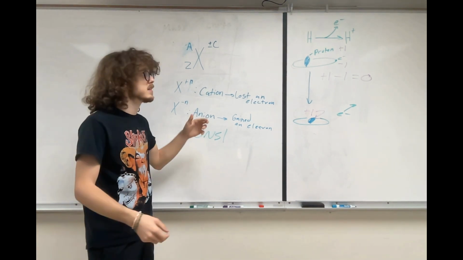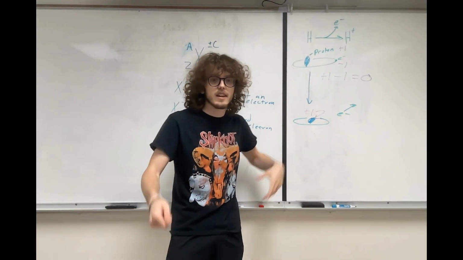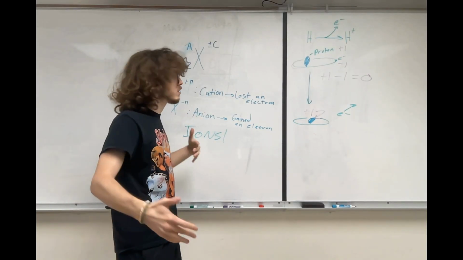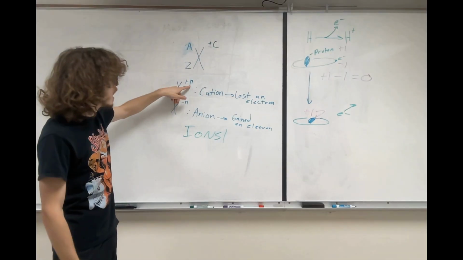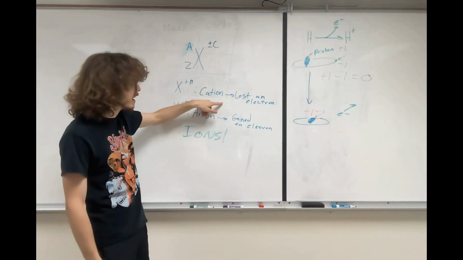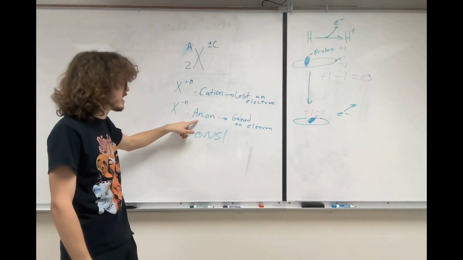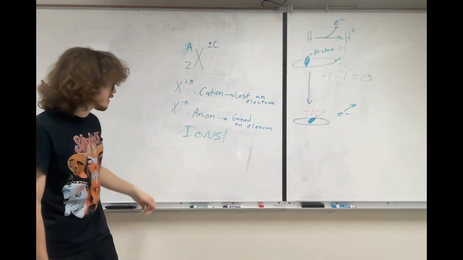It comes from this idea that atoms can lose electrons or gain electrons, right? So it's an excess of protons or electrons. And we can denote them with a positive N number, which is a cation, which means you lost an electron, whereas a negative N is an anion, and you're going to gain an electron. Ions.